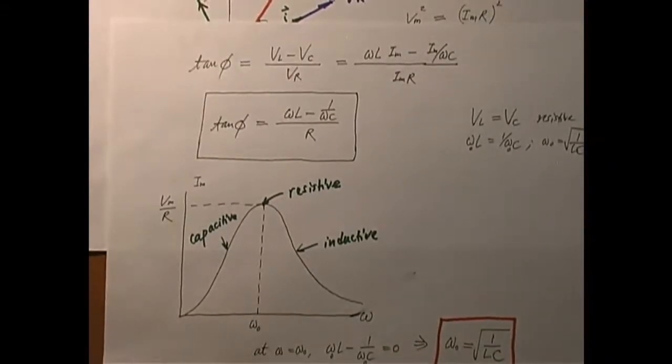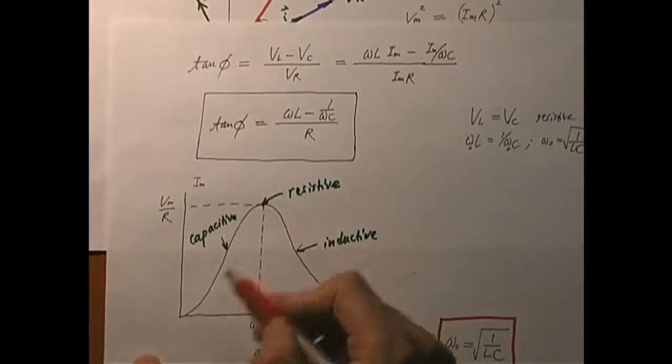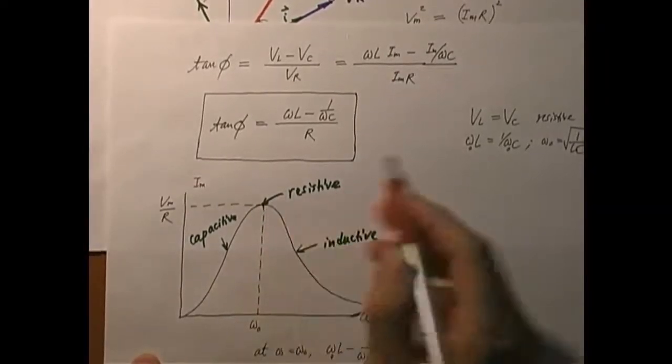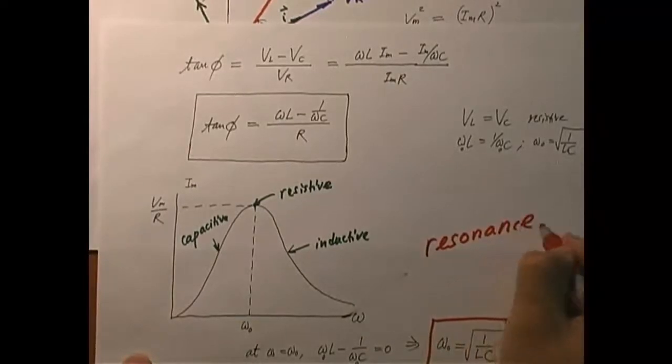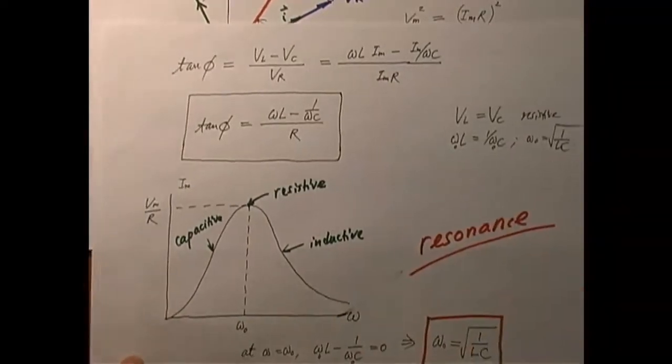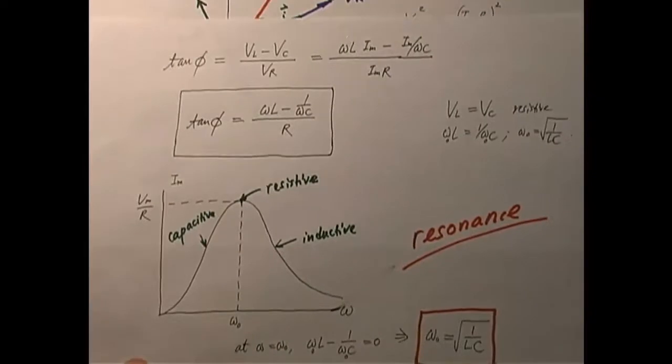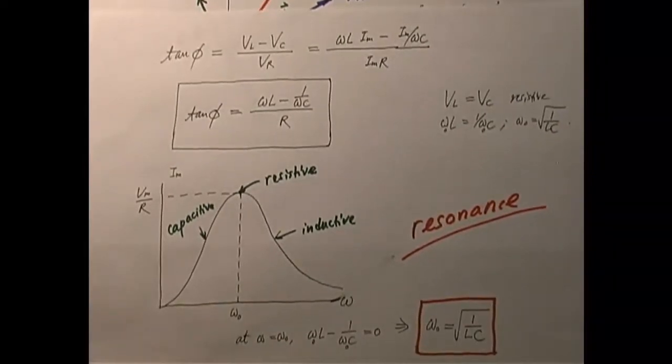We call this resonance. So this is a resonance curve, and here's the peak of resonance. This certainly is not the first time you heard this term. It is of pivotal importance in our design of television and radio reception circuits. How do you receive the signal from a particular station? We use a resonance circuit.